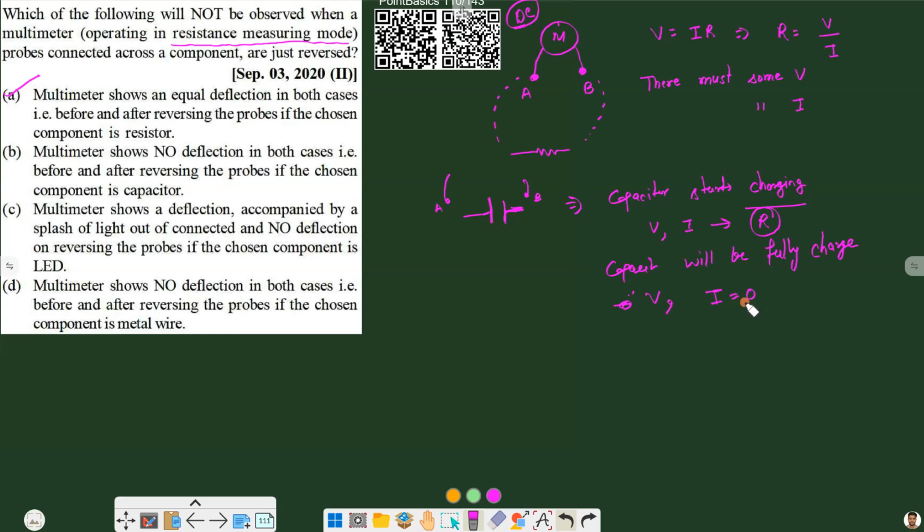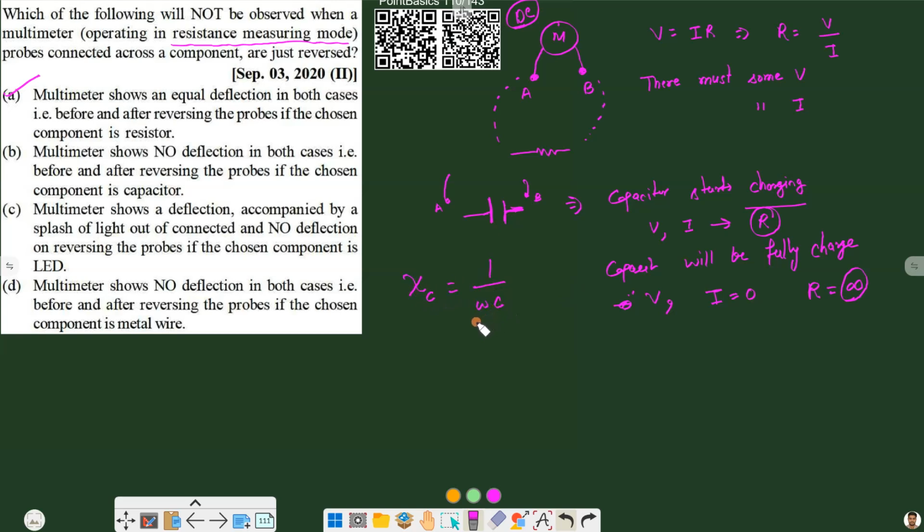So now we have I zero and potential is there across it. So resistance, which earlier had a finite value, suppose 2 ohm, 3 ohm or some value, now becomes infinite.